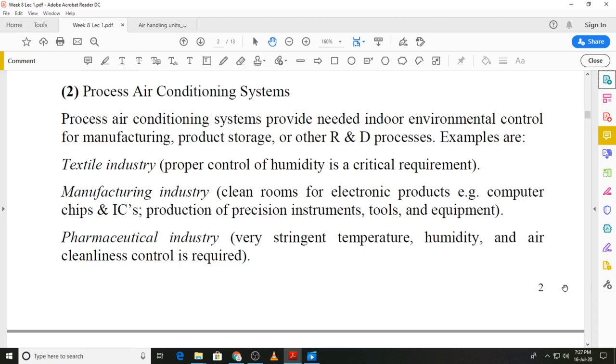The same applies to production of precision instruments and products, where again even the noise levels which can lead to vibration are to be kept within very strictly controlled limits. A very important application is in the pharmaceutical industry, which has very stringent standards to maintain the quality of your product, that is a medicine or a drug.